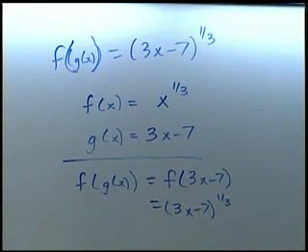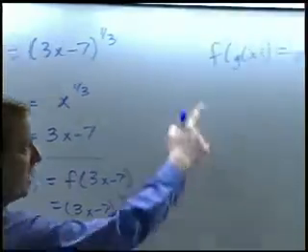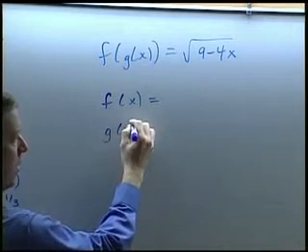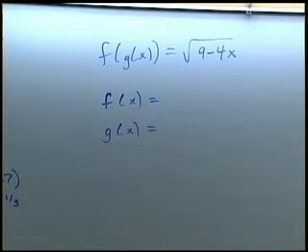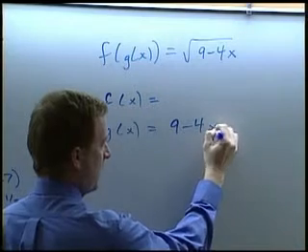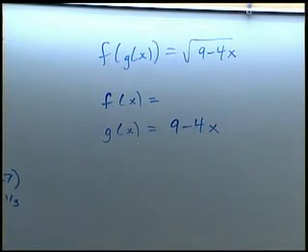Let's look at the second example, see if we can split these apart. If we have a function like this, what was the f of x and what was the g of x? Start on the inside. What's the g of x here? That's the inner function, 9 minus 4x. And then what's the f of x?